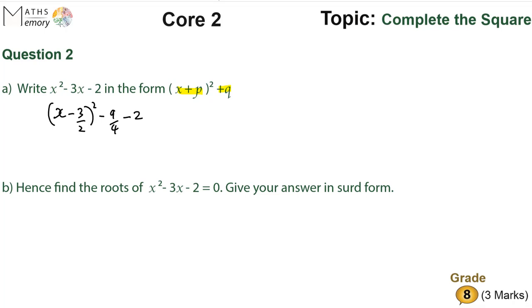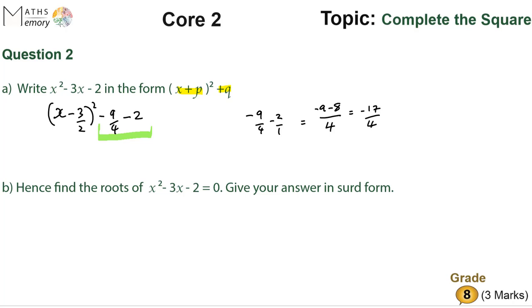Let's sort out the last bit to make it easier. We make it into one whole fraction: minus 9 over 4 minus 2 over 1. We can make the denominator 4, so this will be minus 9 and minus 8 from taking away fractions: minus 17 over 4.